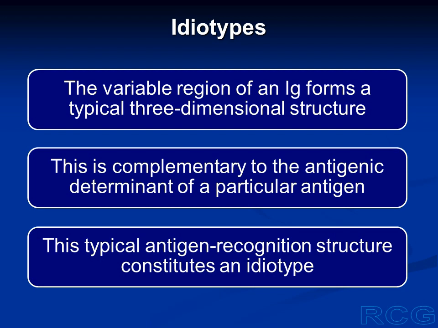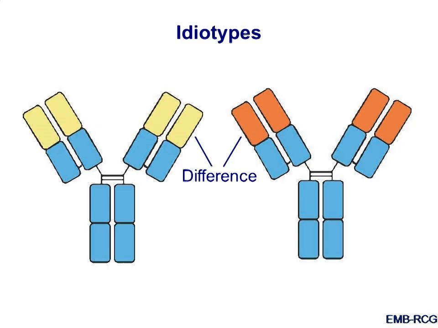This typical antigen recognition structure constitutes an idiotype. So every antigen recognition structure present in different immunoglobulin molecules constitutes one idiotype.